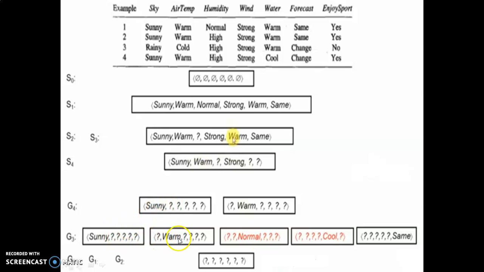The second one: the first is a question mark, the second warm matches, and all other 4 are question marks, so they are acceptable, positive classification, also retained. The remaining one: the first 5 question marks are acceptable, but the last one is same here while it is change in the example. Since it is not a perfect match, we have to remove it. So it is removed, and that is the final one.